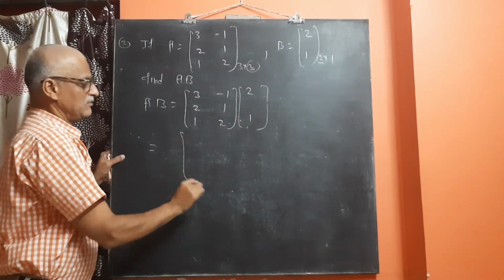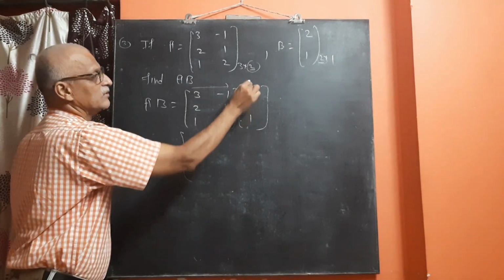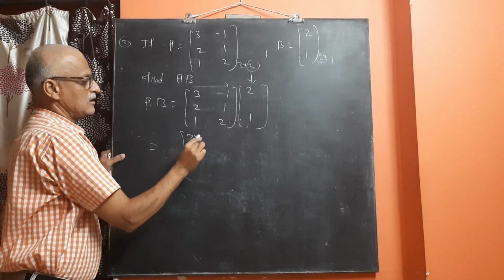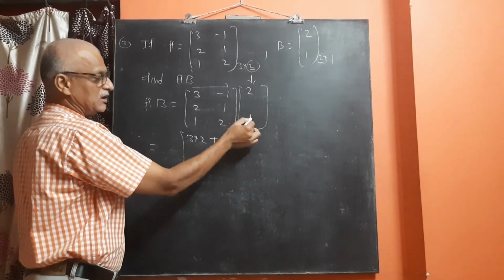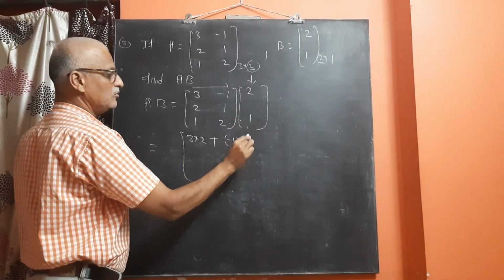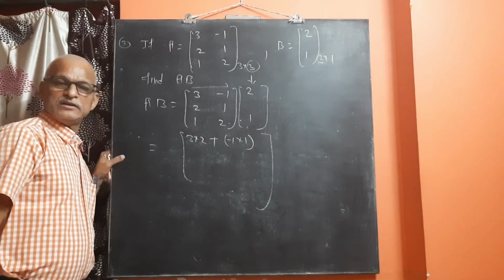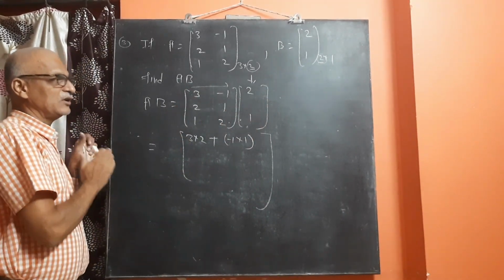So let us multiply it. First row into this column. 3 into 2, plus minus 1 into 1. अभी यहाँ पे सेकंड कॉलम है ही नहीं तो मल्टीप्लिकेशन ऑफ फर्स्ट रो यहीं पे खत्म हो गया.